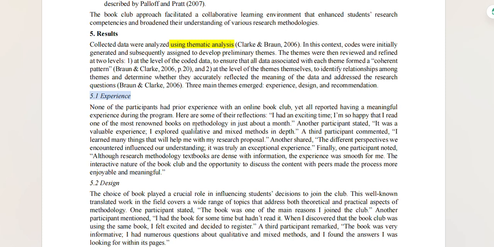So unlike phenomenology and case study, action research emphasized cyclical presentation of results. The findings were discussed according to the stages of planning, acting, observation, and reflecting. Participants' reflections, thematic summaries, and collaborative learning outcomes were also emphasized.